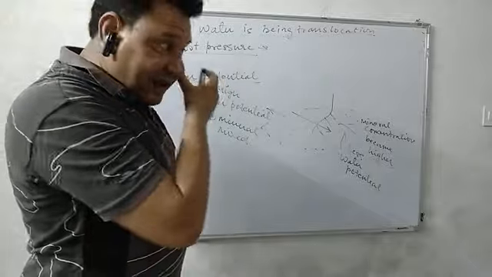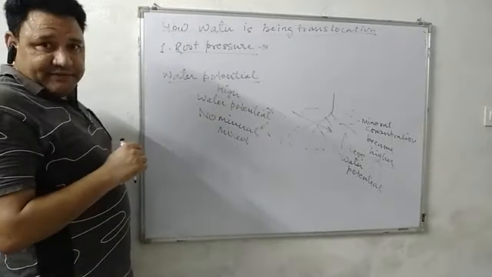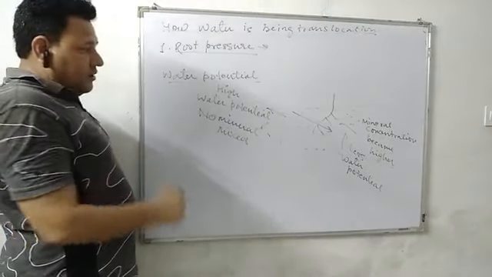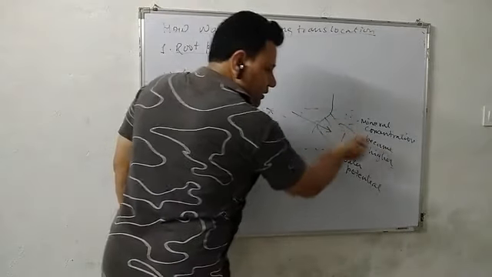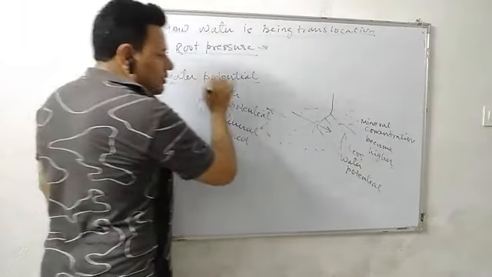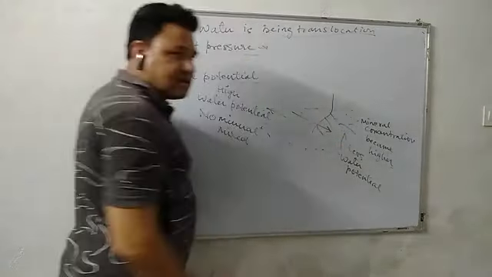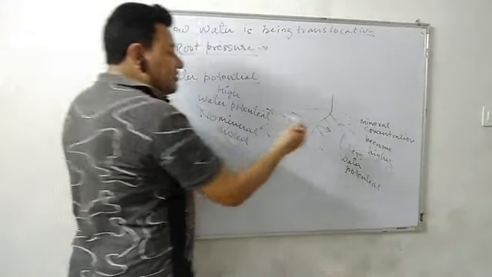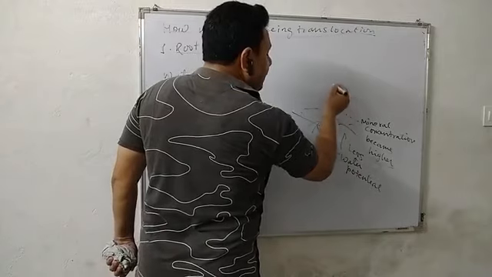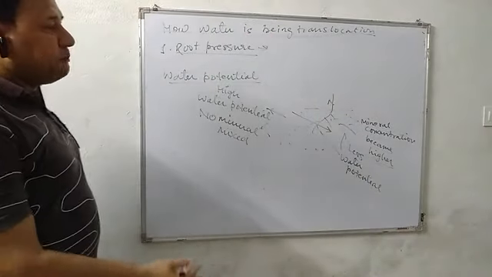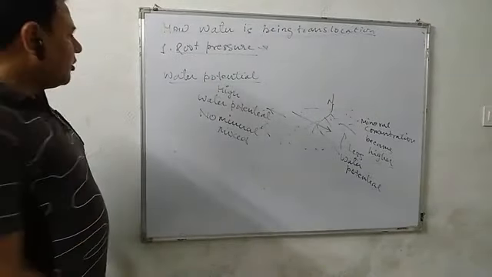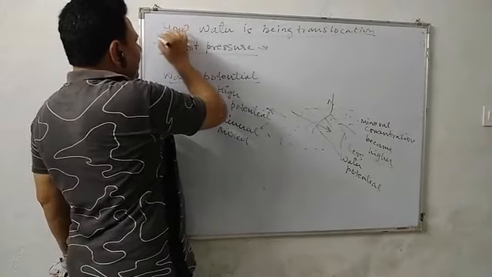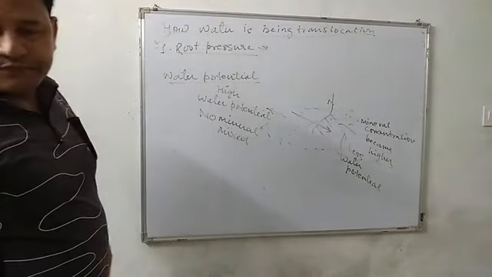Okay? Secondly, this is the water that is going inside from outside because of root pressure. And because of this root pressure, this water will be pushed up into the plant. I hope you are clear about this root pressure.